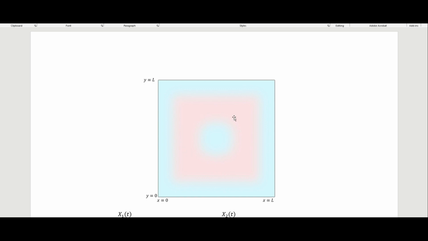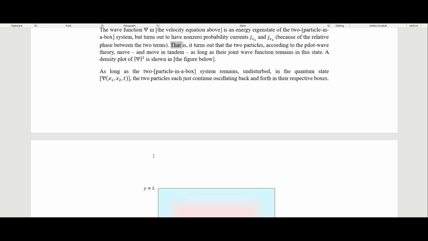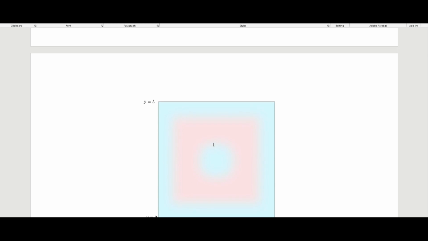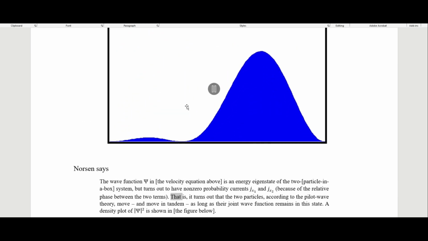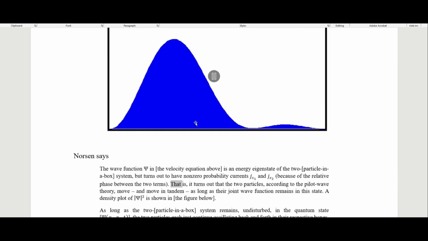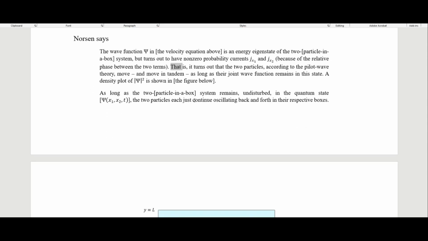And so that's what I was talking about. We're getting kind of a sloshing going around in a circle here in 2 dimensions, so kind of the 2-dimension version of what's going on in this GIF right here. So it turns out that the two particles, according to the pilot wave theory, move in tandem as long as their joint wave function remains in this state.